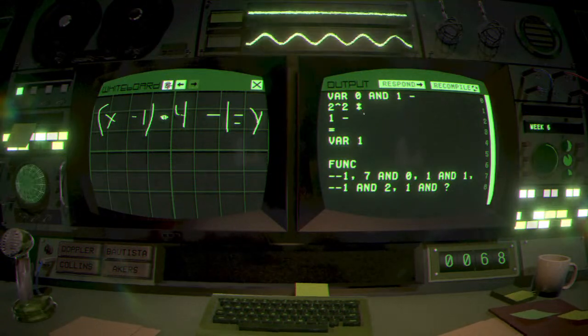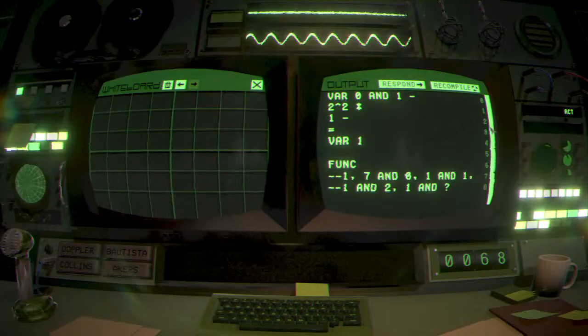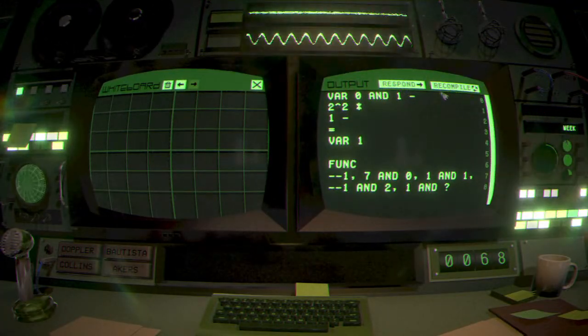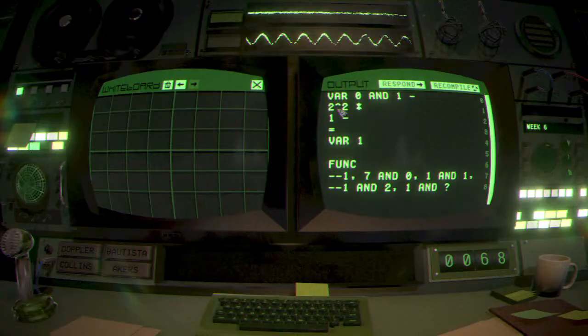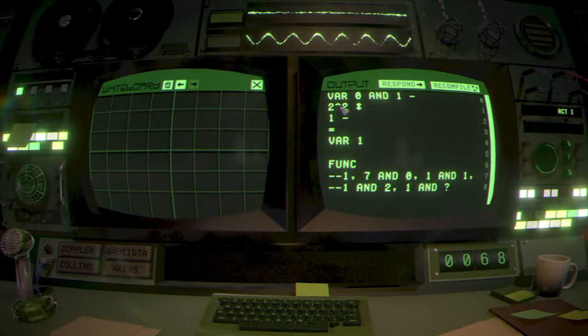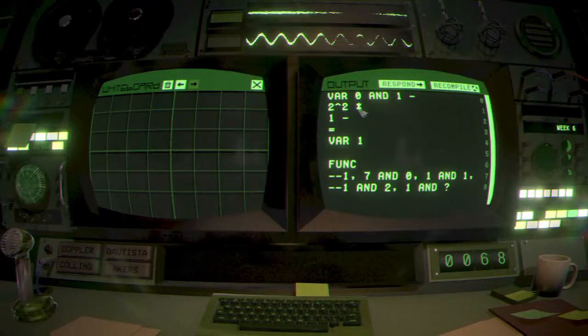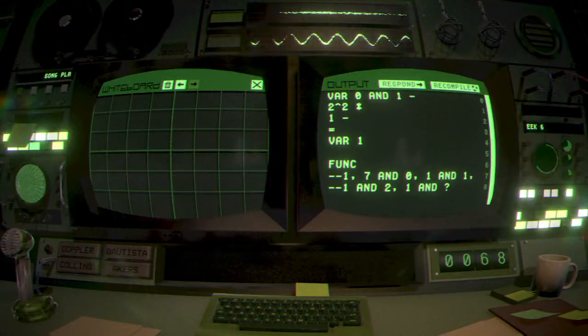Okay. I made an assumption about the order of operations with this exponent. So the exponent is an operation, and I should do a new line like I do for the other operations.